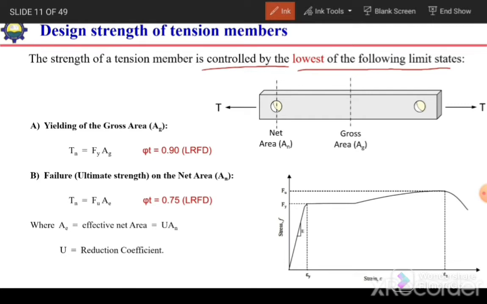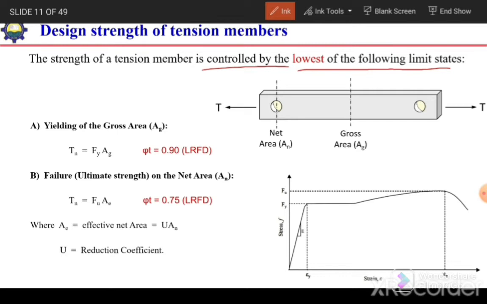For example, in a tension member there may occur three types of failure: tensile yielding, tensile rupture, and block shear failure. So we need to investigate the strength of that member corresponding to these three types of failure, and the lowest out of these three will govern.